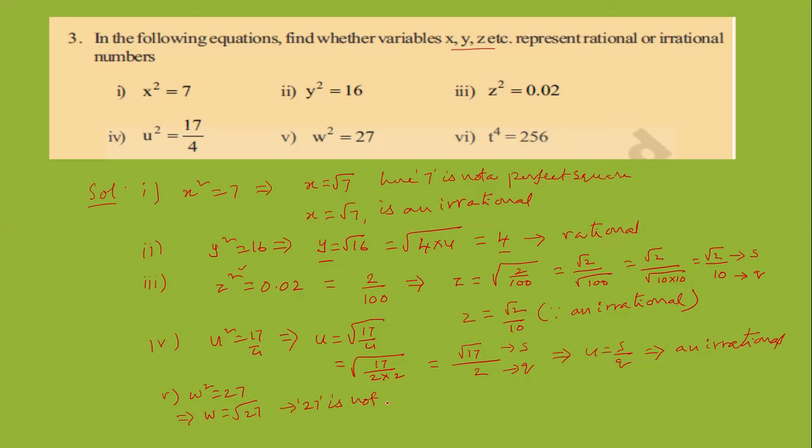What do you say about 27? 27 is not a perfect square. Hence, root 27 is an irrational.